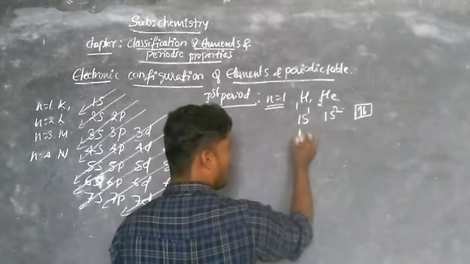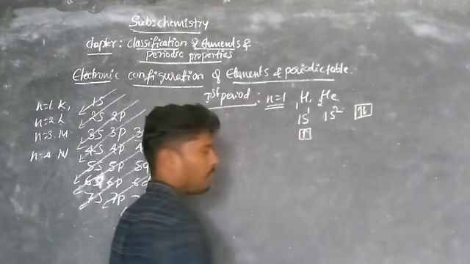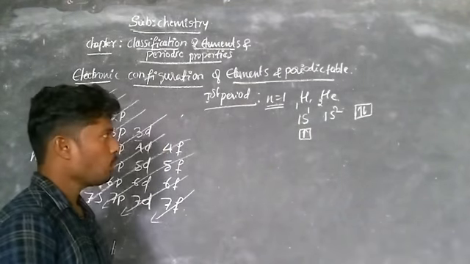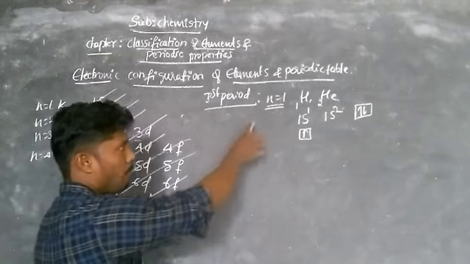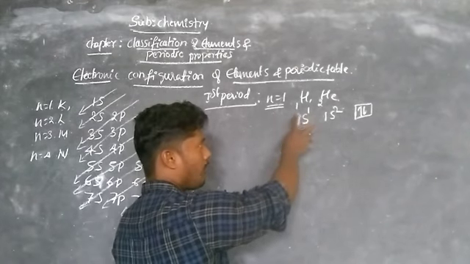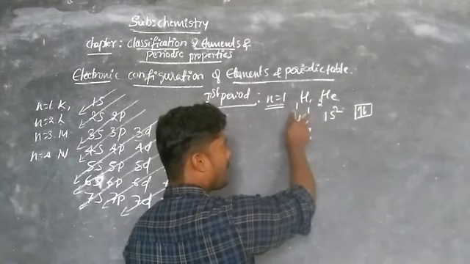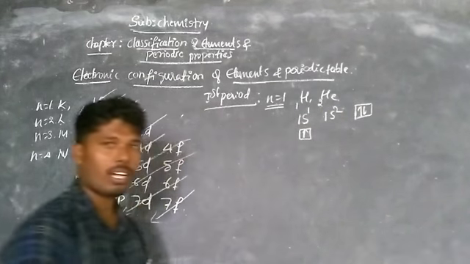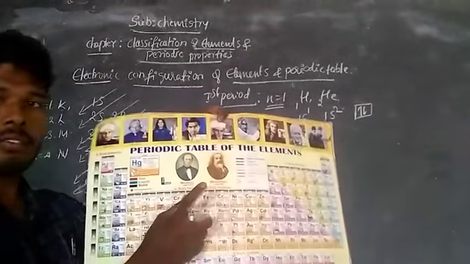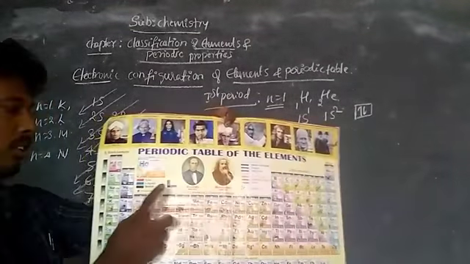But for hydrogen we write only 1 electron. So the principal quantum number for the first period is 1. There are only 2 elements, hydrogen and helium, with atomic numbers 1 and 2, written in increasing order. Then the second period.